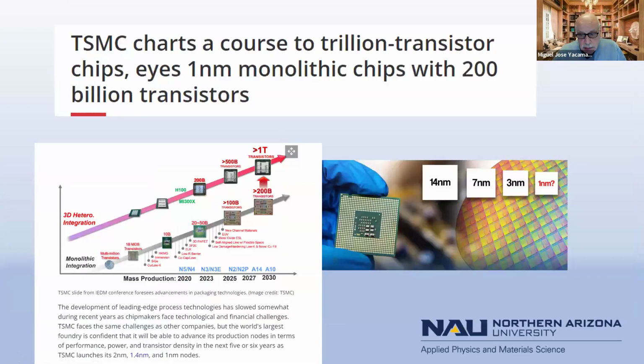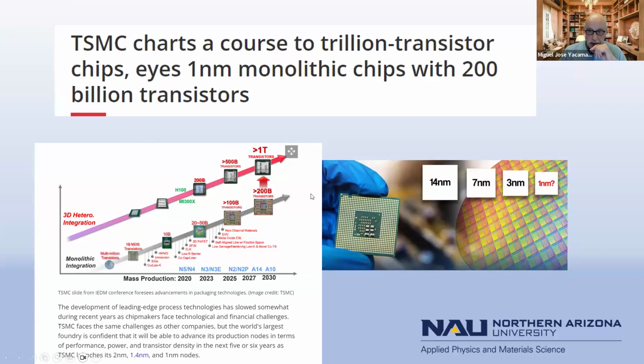Now, I would like to say why it's important, and I'm sorry I took all this time to get to the point. Why are quality control and metrology so important? As you know, Taiwan Semiconductor is on course to produce 1 nanometer monolithic chips with 200 billion transistors.